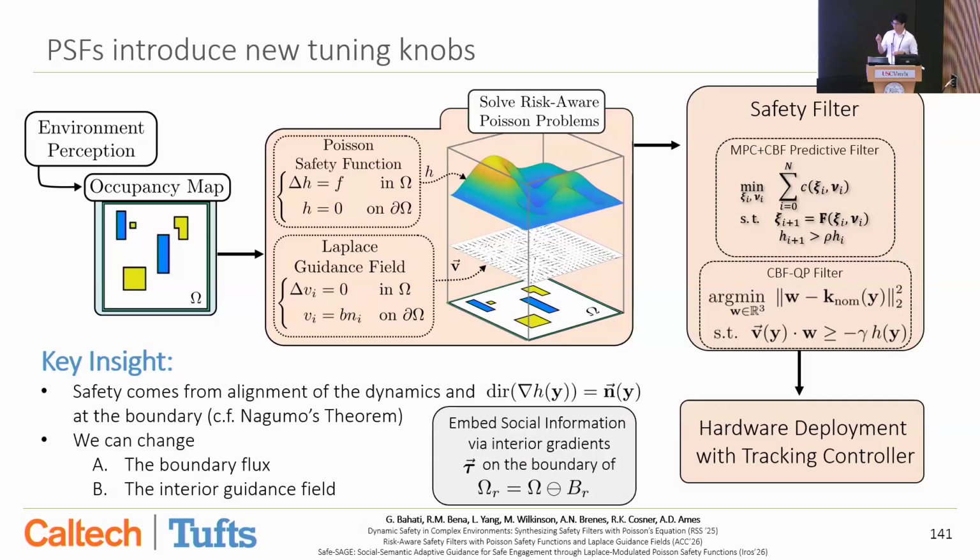So what we did was we embedded this internal layer and said at a distance r from our obstacle, we now are just going to define what our Laplace guidance field is, and this is how we're enforcing our constraint. So we're adding this third line to that center block. So we, on the boundary, have to align with our CBF gradients, point inwards, and then interior, and r distance away from the obstacle, we just get to set the direction that we define as safe.